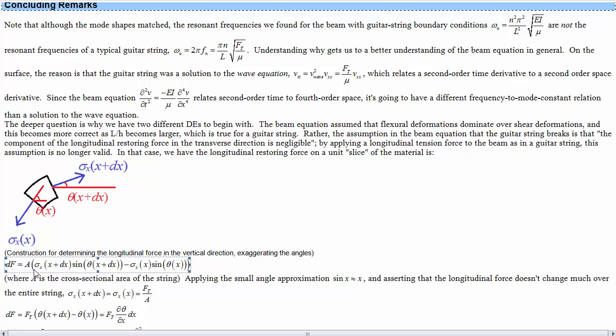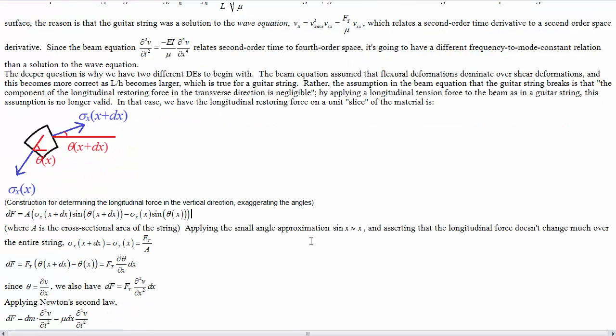So it's this force, which would be A times this stress times the sine of this angle, minus this force, A times this stress, times the sine of this angle.